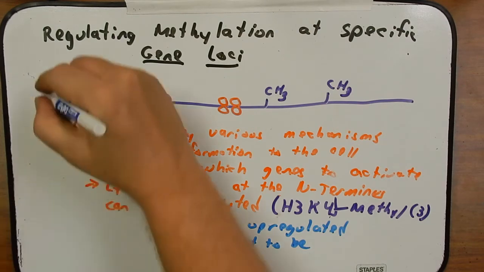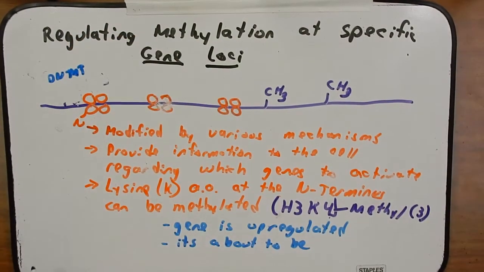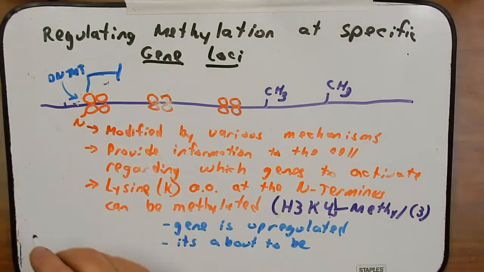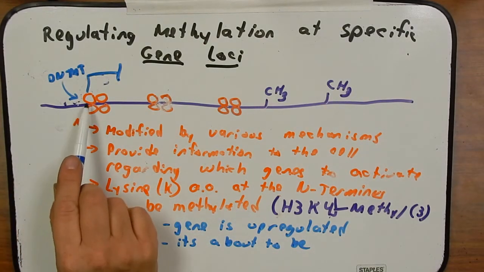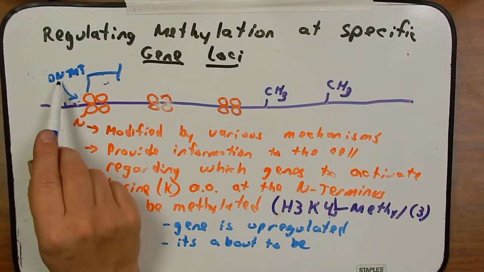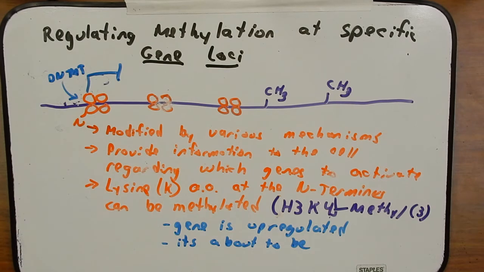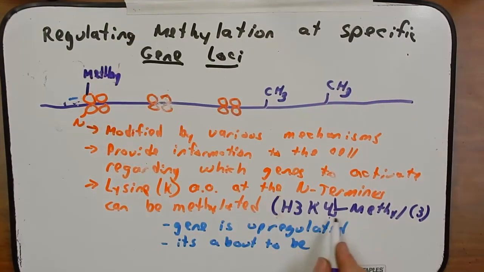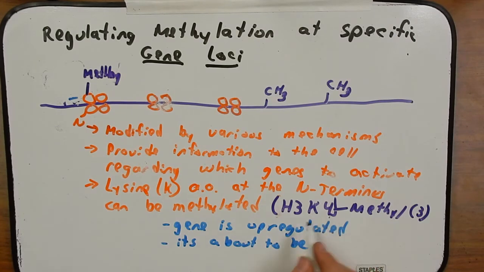Well, let's remember that DNMT's job is to add methyl groups here. And when it adds methyl groups here, expression of these genes is downregulated. If we want to activate this gene, we need to get rid of those methyl groups, or at least prevent methyl groups from being added. So how do we go about doing that? Well, one way that this is done is by methylating histone 3 at the lysine residue.